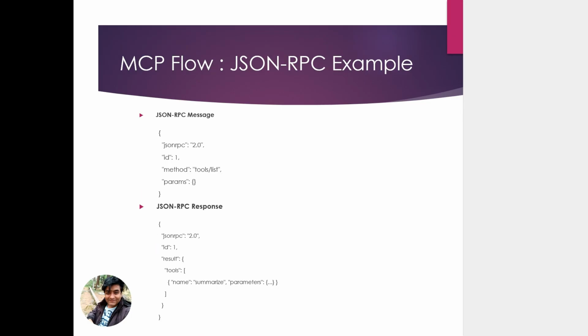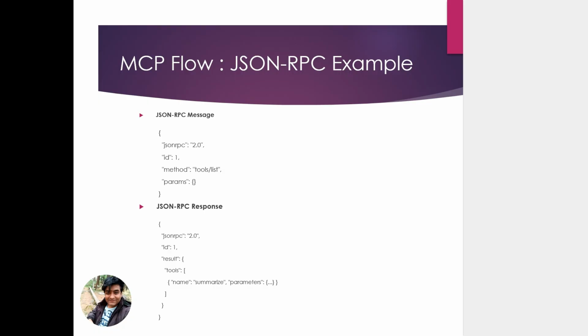This is the JSON RPC example. The first part is this JSON RPC message. It has the JSON RPC version, the ID, the invocation for tools list, and the parameters if any.